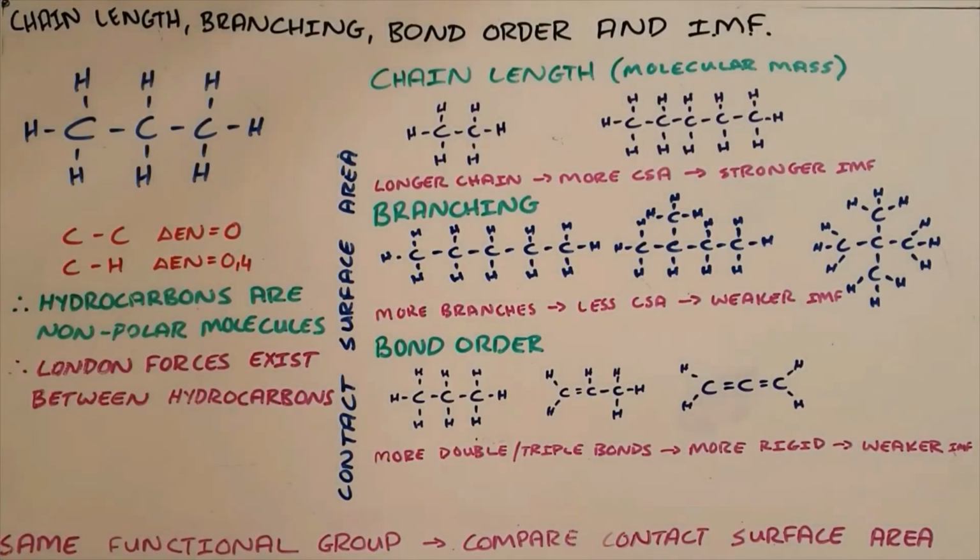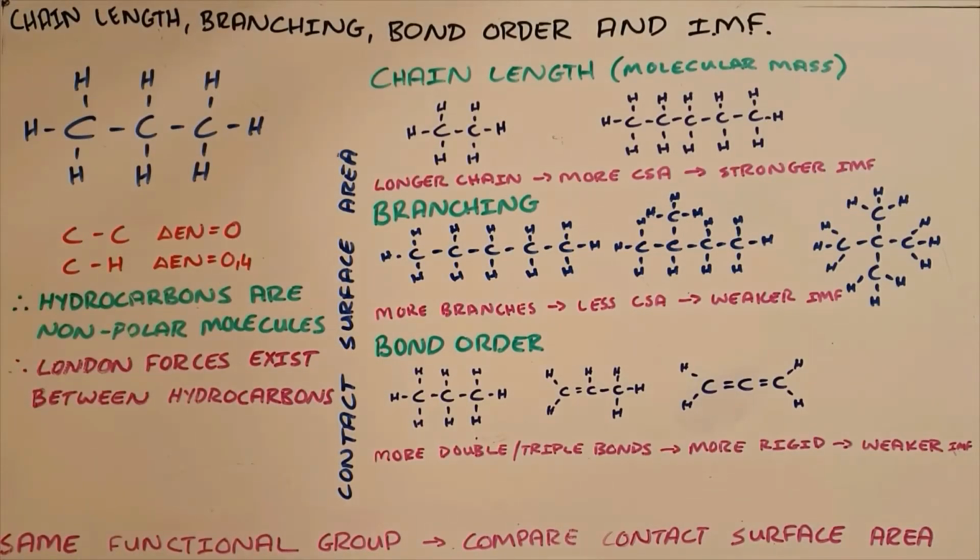Hydrocarbons are always non-polar organic molecules because of the non-polar carbon-carbon and carbon-hydrogen single bonds, and as a result the only intermolecular forces that exist between hydrocarbons are the London forces.